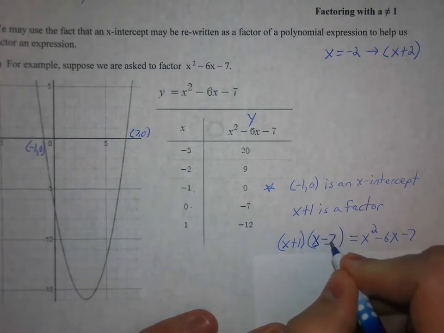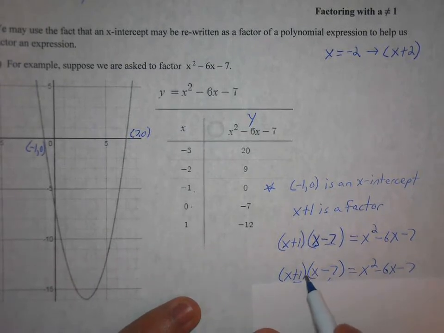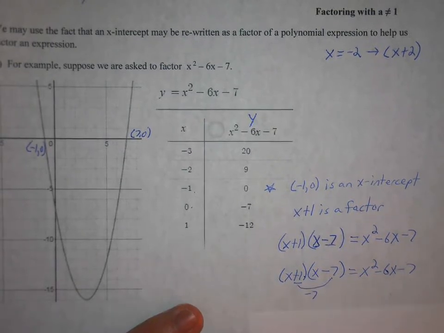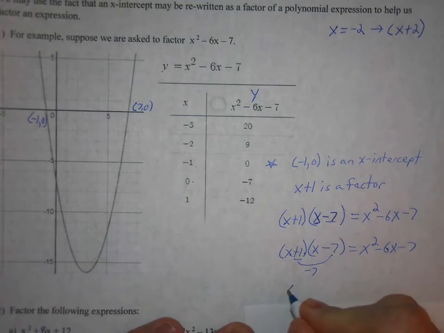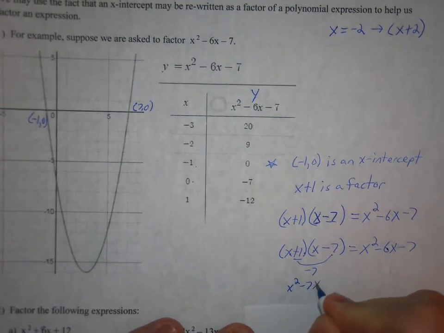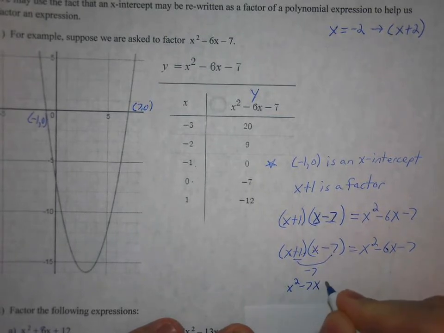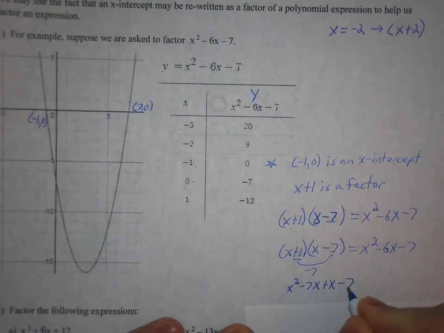Isn't it -7? Now, just to see that that works out, we're saying that x plus 1 times x minus 7 should equal x squared minus 6x minus 7. So if you multiply that out, x times x is x squared, x times -7 is minus 7x, 1 times x is plus 1x, and then 1 times -7 is -7.